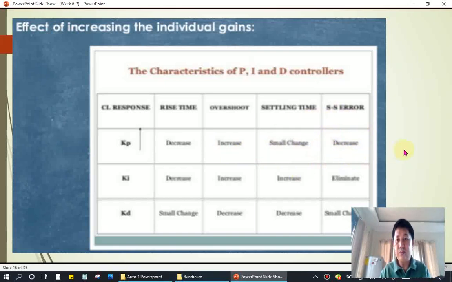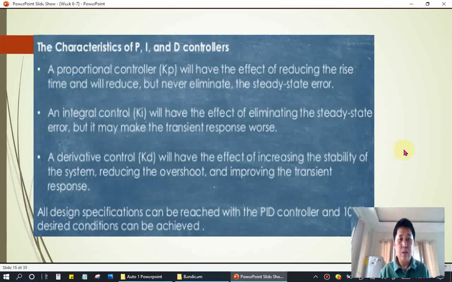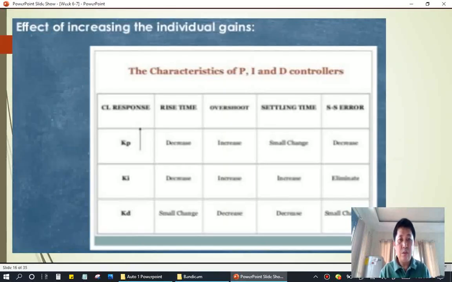So for the integral control, rise time decrease, overshoot increase, settling time increase, and steady-state error eliminate.